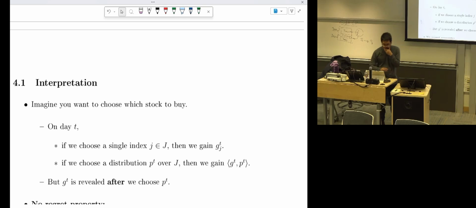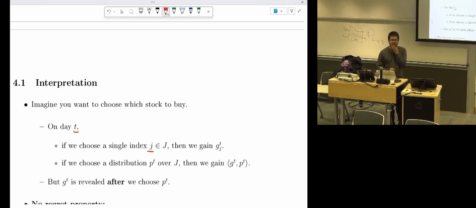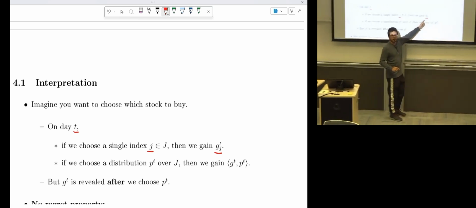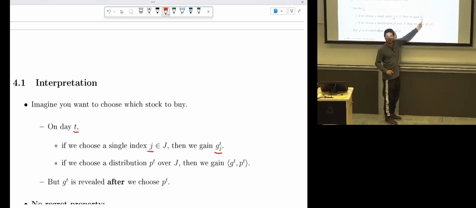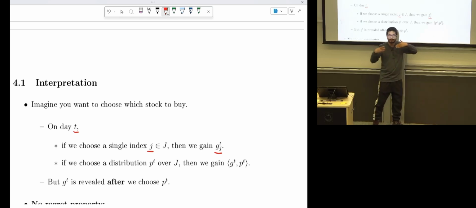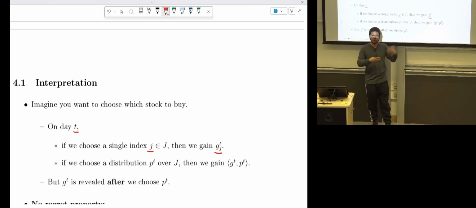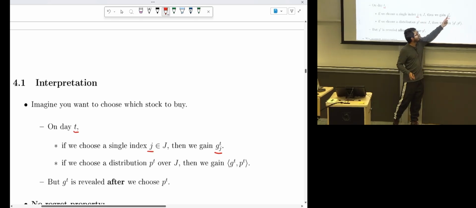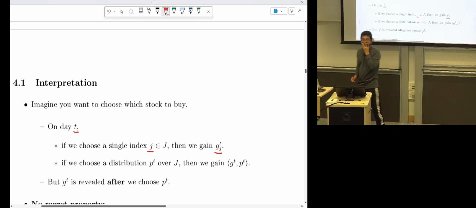On day T, you might choose one stock J. If you choose stock J, then at the end of the day, you know the result, and you either gain money or lose money. The gain vector is just something that they reveal to you after you choose. So if you choose stock J, you gain GJ at day T.